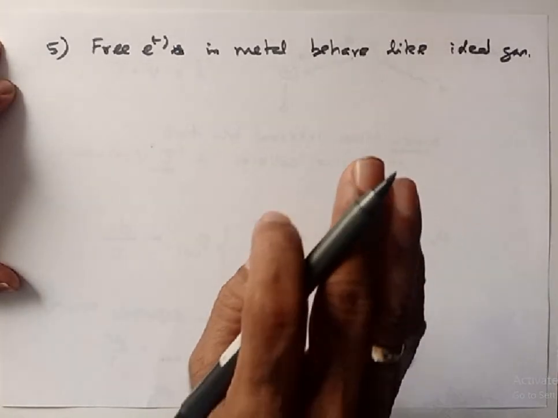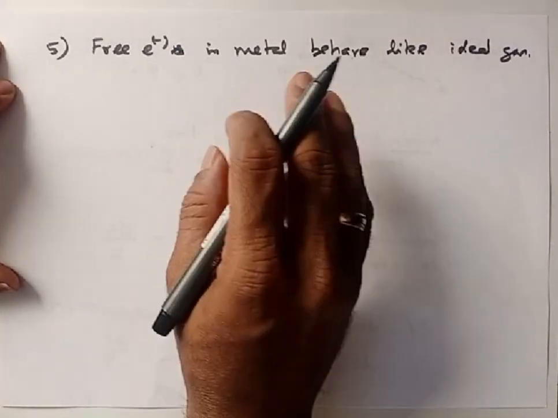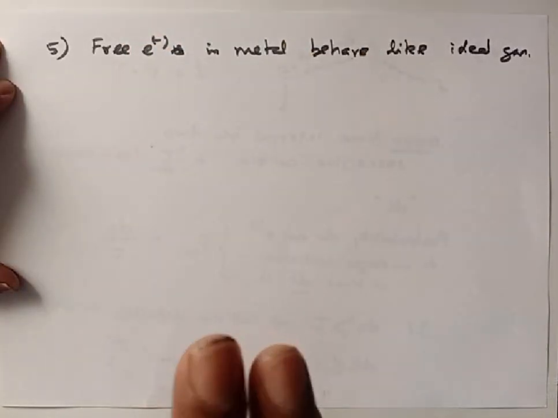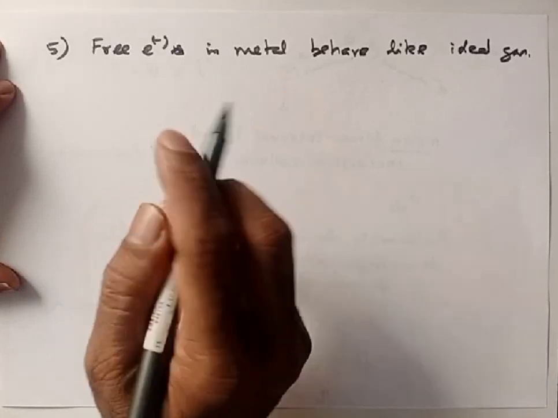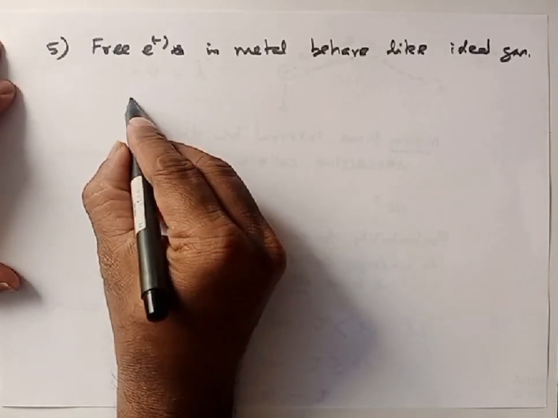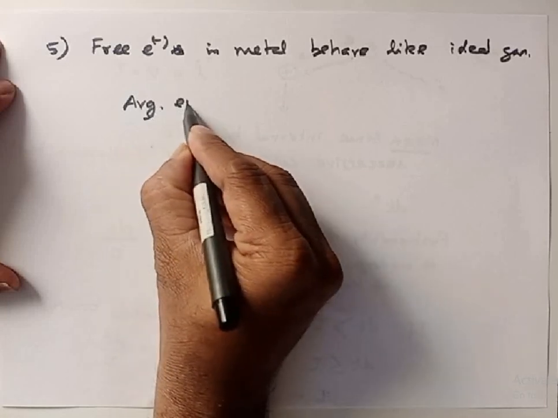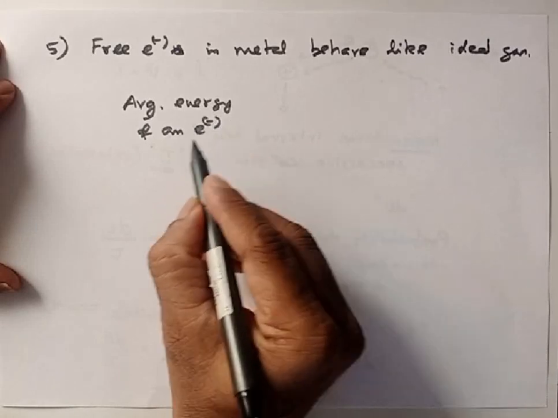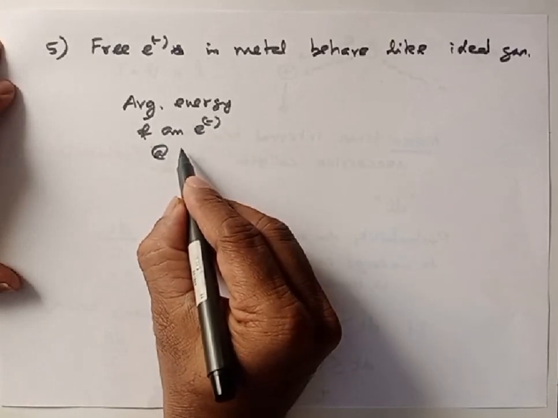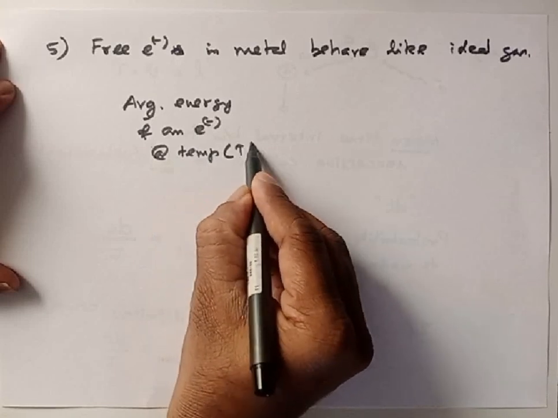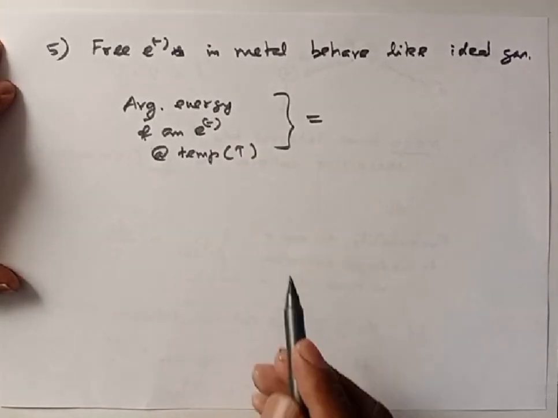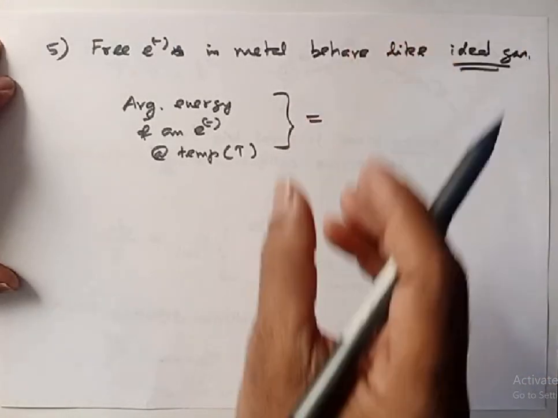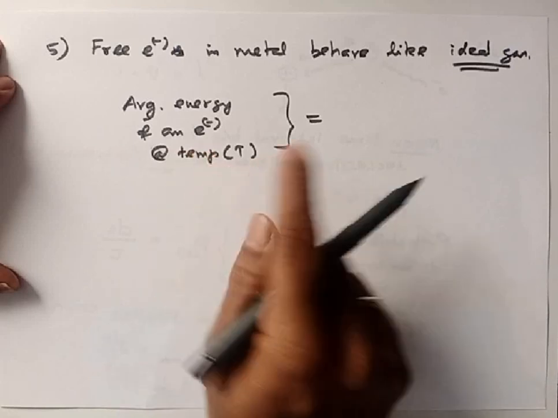From the Maxwell-Boltzmann distribution, you can get the equipartition principle. By making use of the equipartition principle, we can say that the average energy of an electron at temperature T, since the gas behaves like an ideal gas, is as follows.